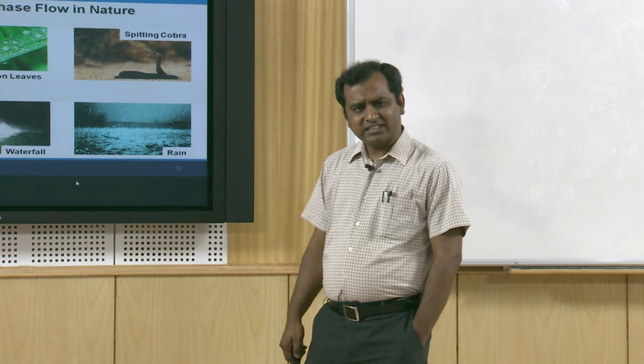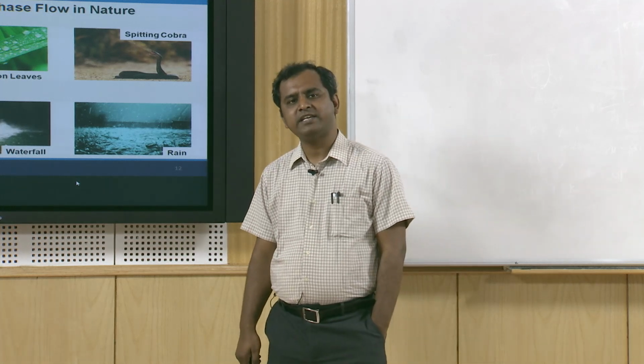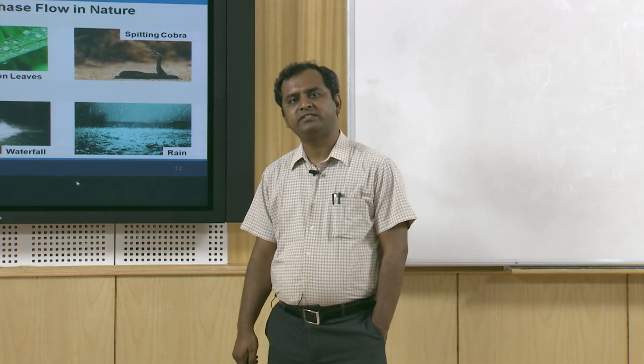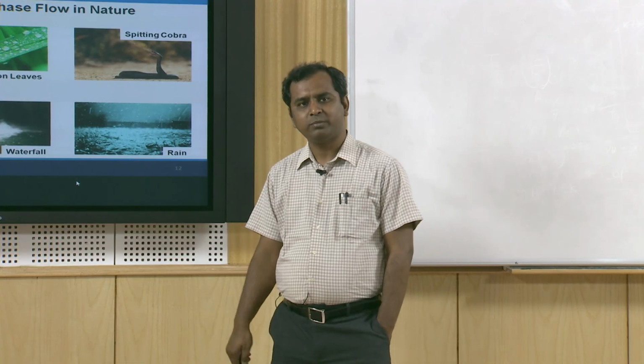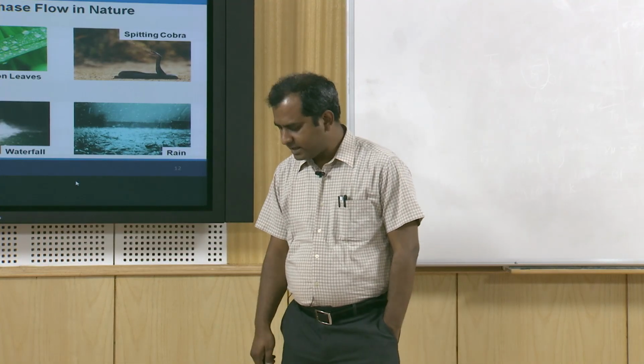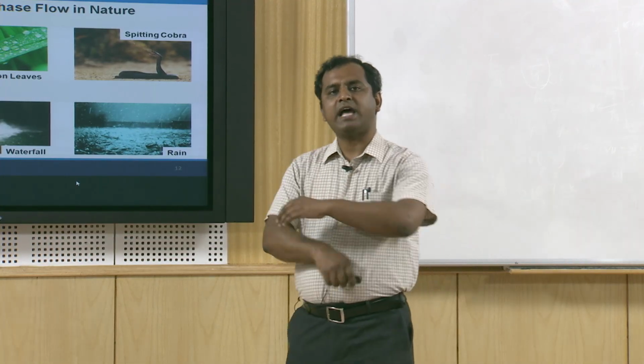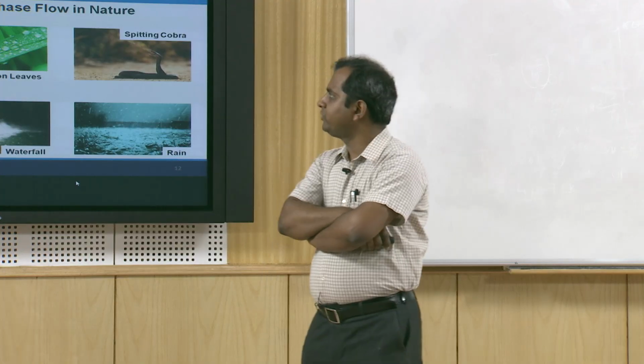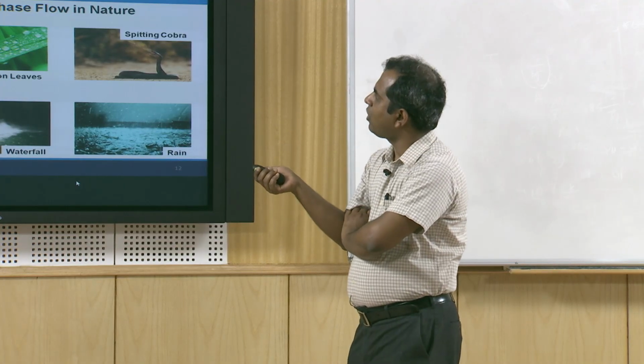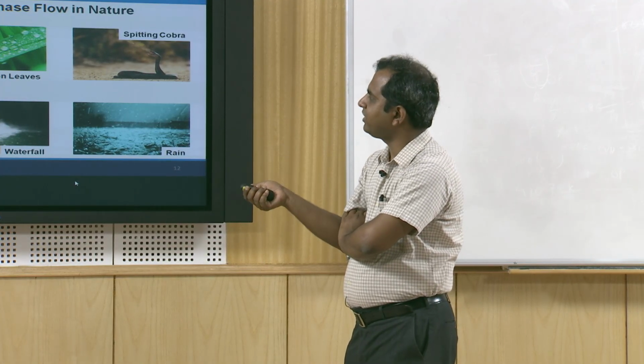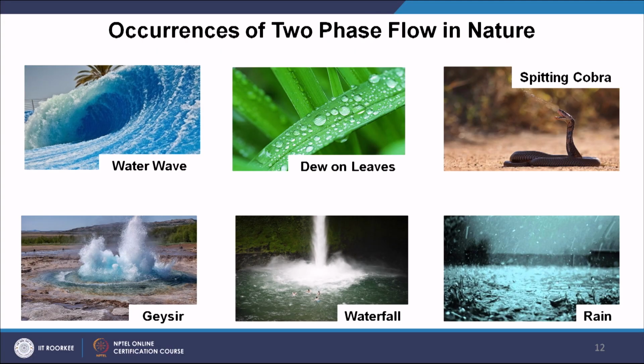Okay. Next, without knowing the applications or daily life examples, we will not be studying any subject. So, here I have given you some ideas about the applications of two phase flow. You see these are different occurrences of two phase flow in nature, starting from water wave, gas liquid two phase flow, dews on leaves. This is once again gas liquid two phase flow.